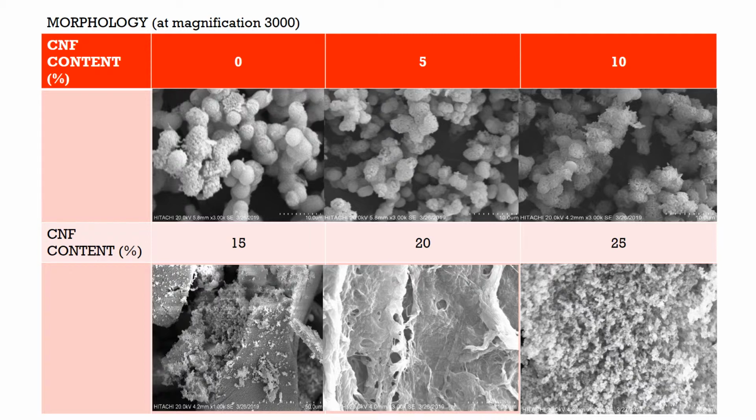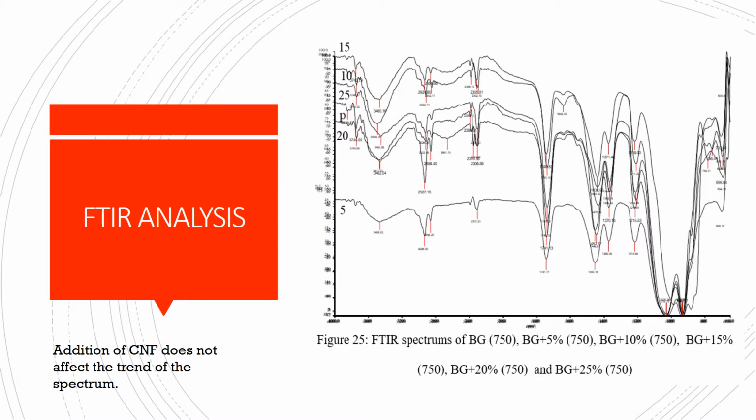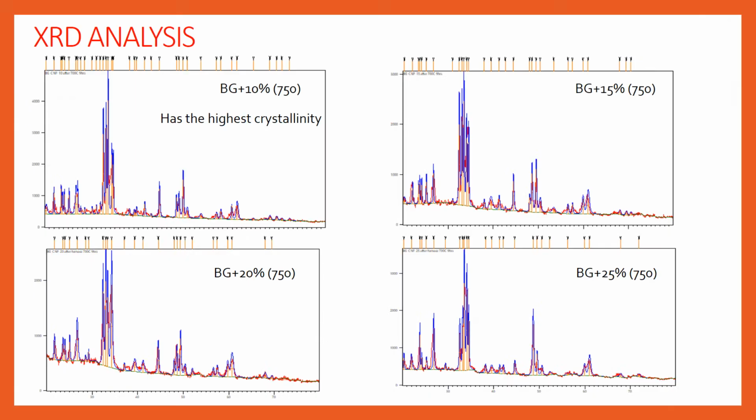Whereas at 15 to 25%, it was observed that there were many CNF particles, and the CNF particles were degraded. As for the FTIR analysis, addition of CNF does not affect the trend of the spectrum, and it had similar functional groups.